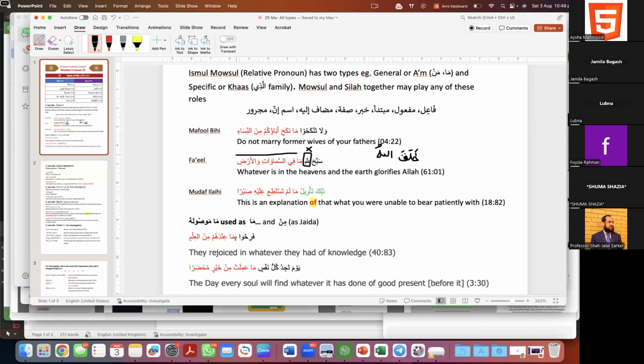They together are the doers, and everything in the samawat and the ard is praising Allah. So the one who is praising becomes the doer, that's the fa'il, because they are responsible for doing the action of the verb. Then it's not the obvious kind that we know with the rafa form, but this compound sentence of ma fi samawati wal ard will become the fa'il.